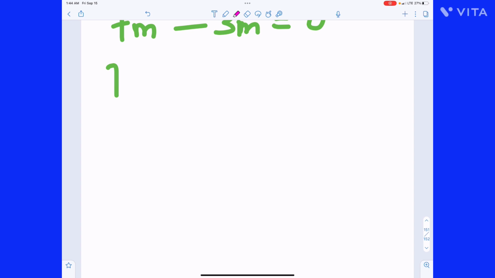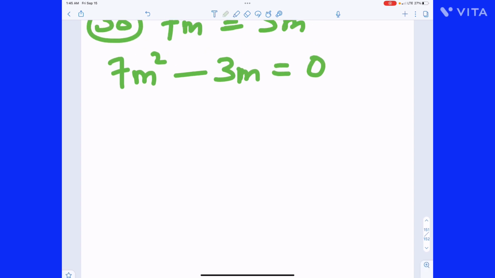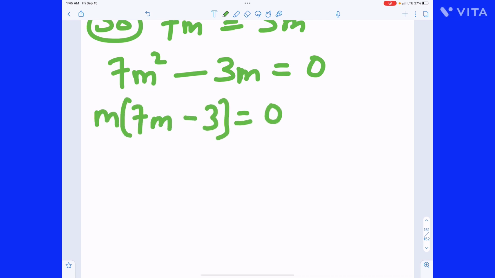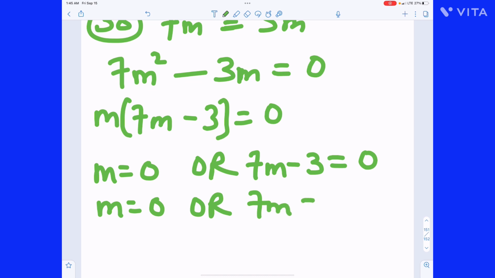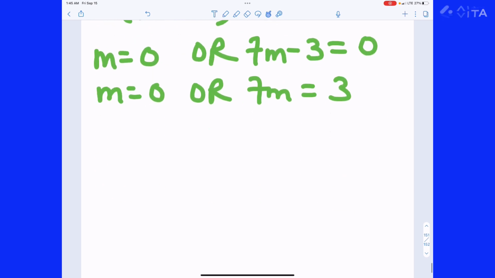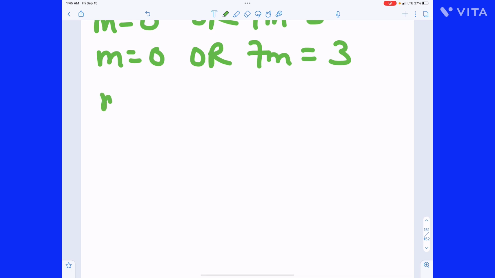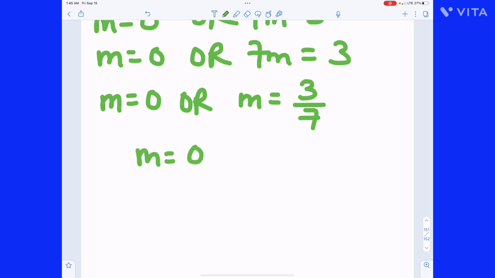That's how we got m open bracket 7m minus 3 is 0. So this will split into m is equal to 0 or 7m minus 3 is 0. m is 0 or 7m is 3. That gives you m is equal to 0 or m is equal to 3 over 7.